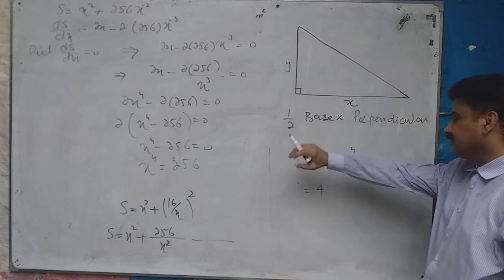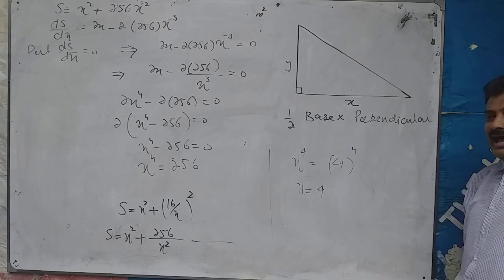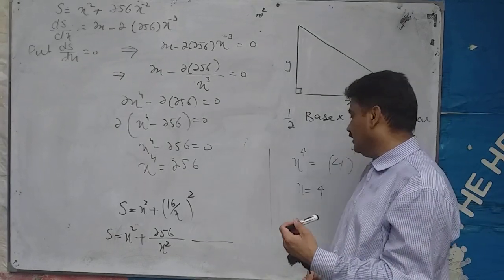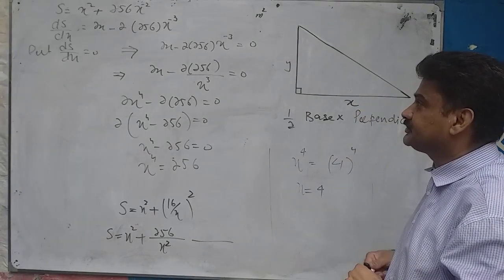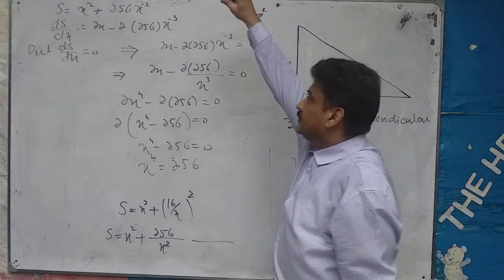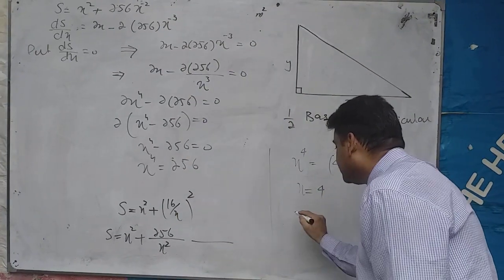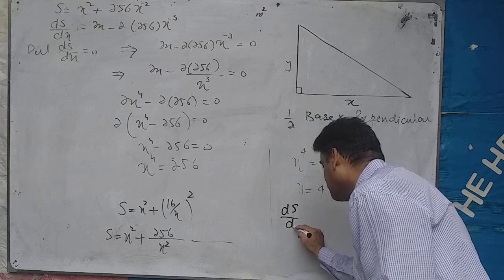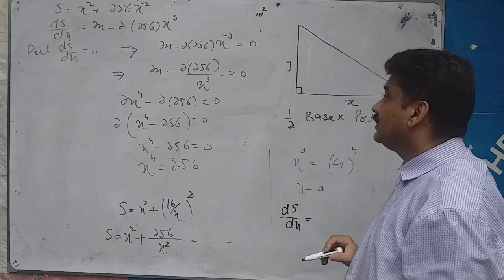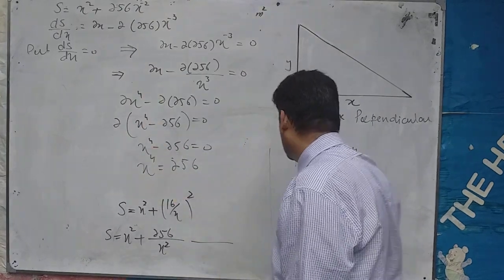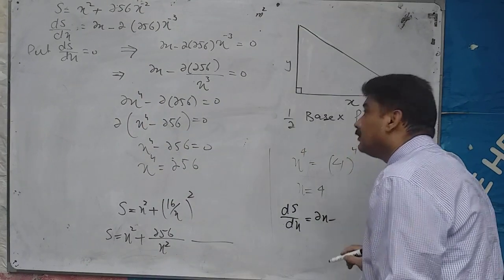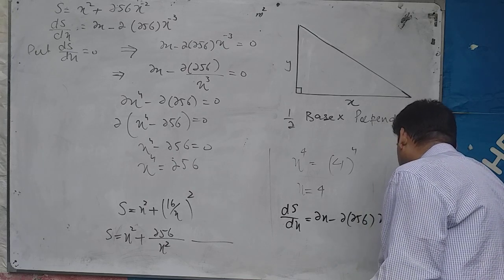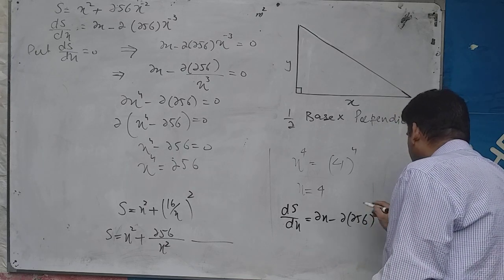Now we have to check whether this is minimum or maximum. We have to differentiate S again. We write dS by dx, which is 2x minus 2 multiply 256 x raised power minus 3.